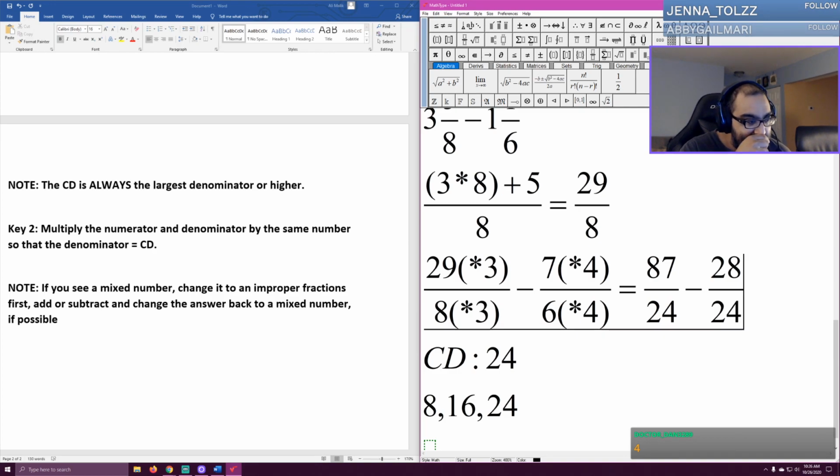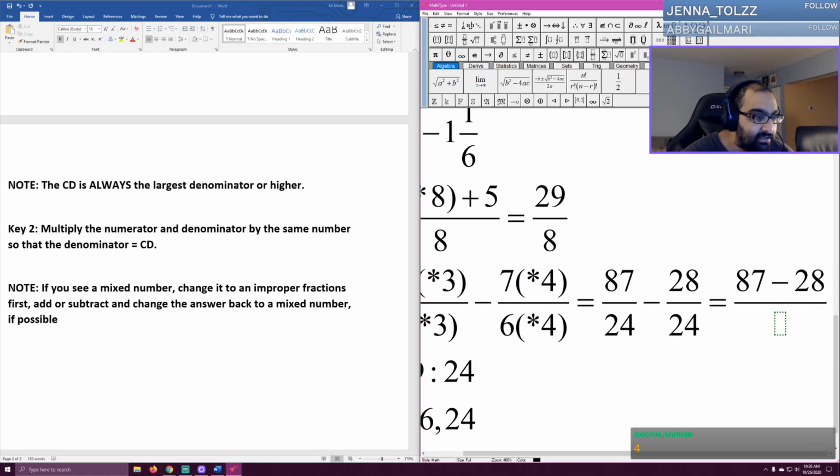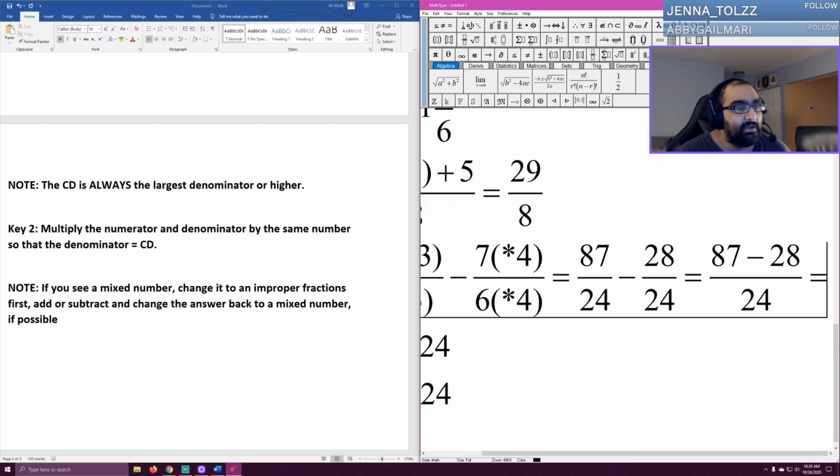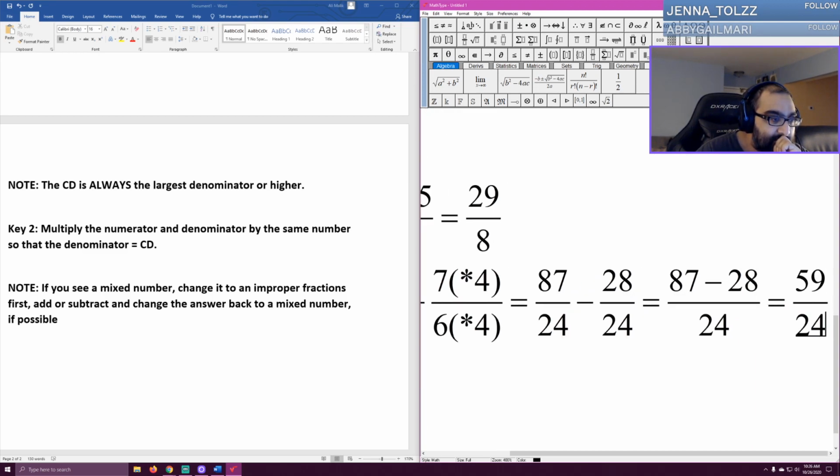Just doing that multiplication. Put that together, we get 87 minus 28 on the top over 24. Keep that 24 the same on the bottom. And what do we get here? I think we get 59. So 59 over 24.